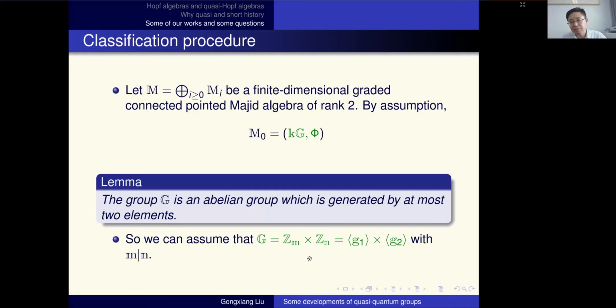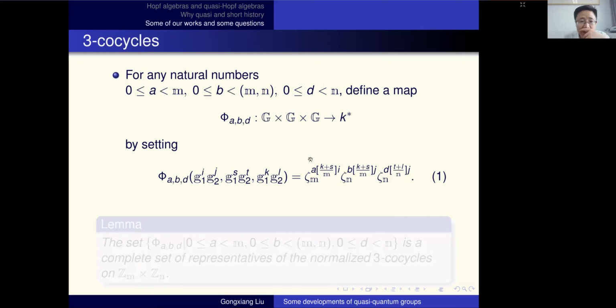You can use the condition, so this kind of group is very easy. Next, you need to give all the 3-cocycles. In the next computation, you can find all the 3-cocycles can be given by a unified formula. I need to point out that we know the 3-cohomologies, but we don't know much about 3-cocycles.